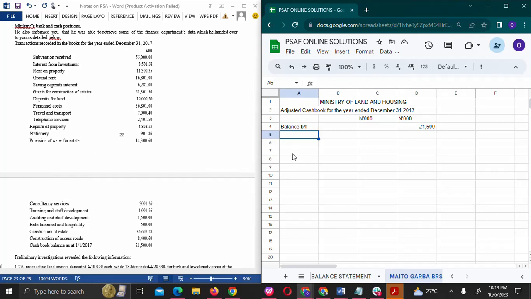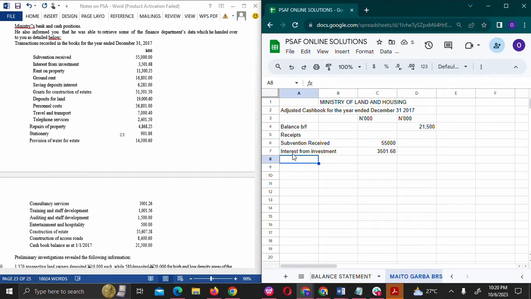If you are the type that likes putting headings, you can just put receipts, but there's no mark for this. So your receipts are subvention received, 55,000. You have interest from investment, 3,501.68.